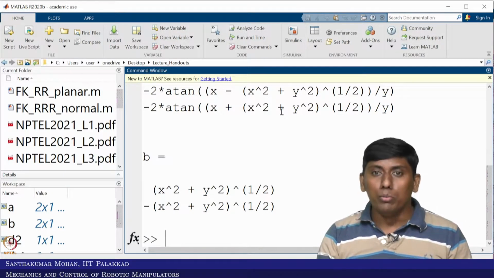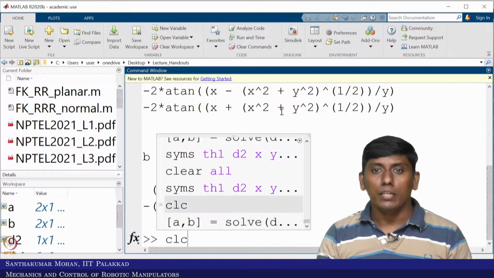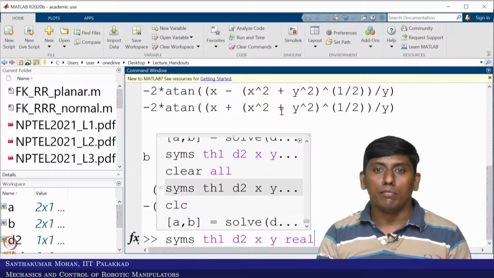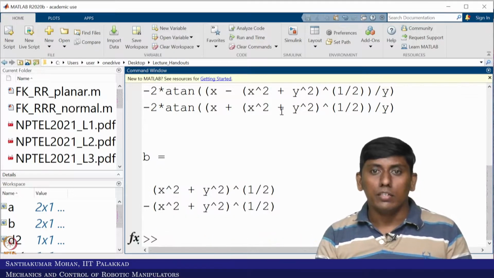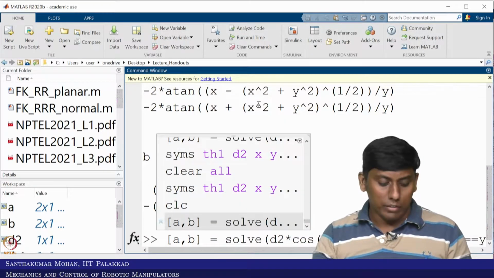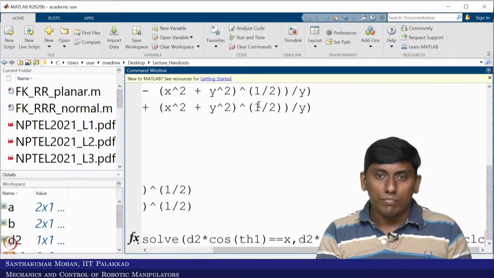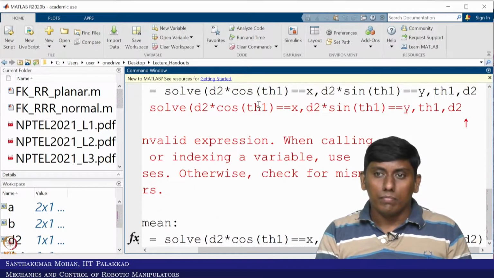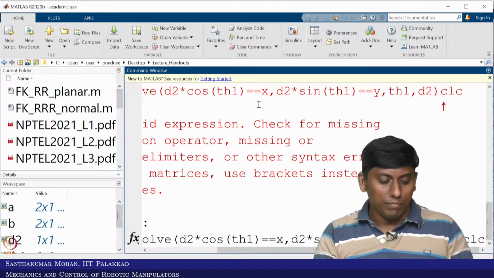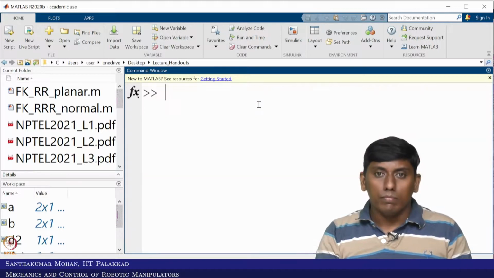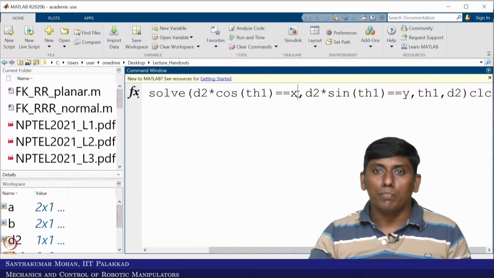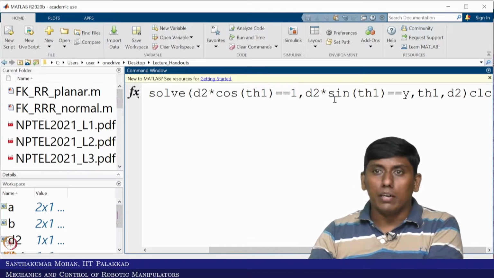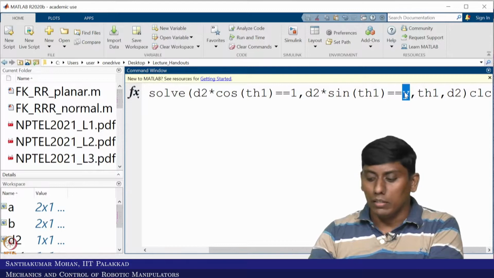But if you give a numerical solution, for example, instead of this I will just clear all. Now for the same equations I am putting some values. This is 1 and this is probably 0.